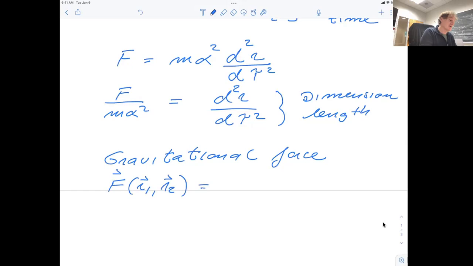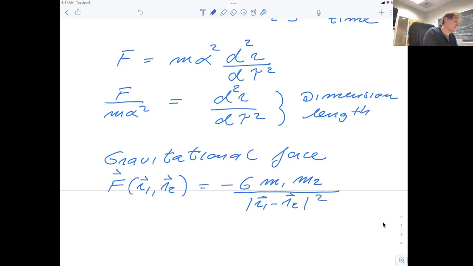This is given by the gravitational constant, multiplied with the mass of one of the objects multiplied with the other one. And then it's given by the relative distance between the two objects squared. And then there's a vectorial dependence.